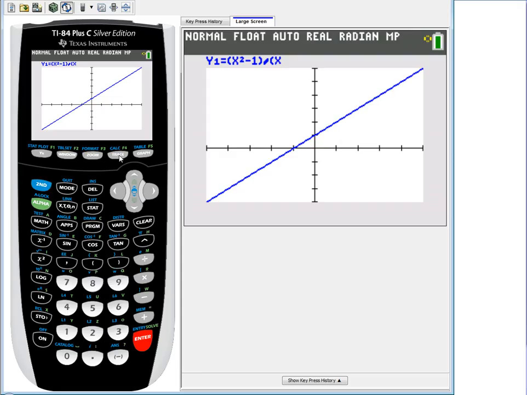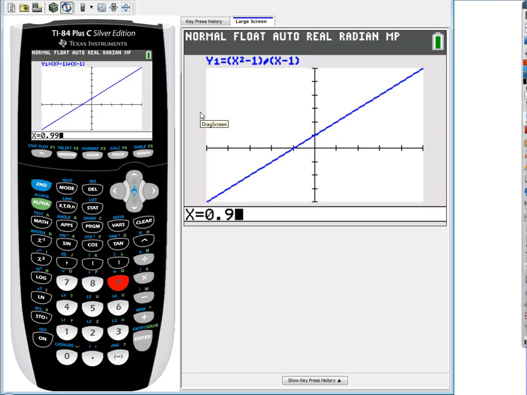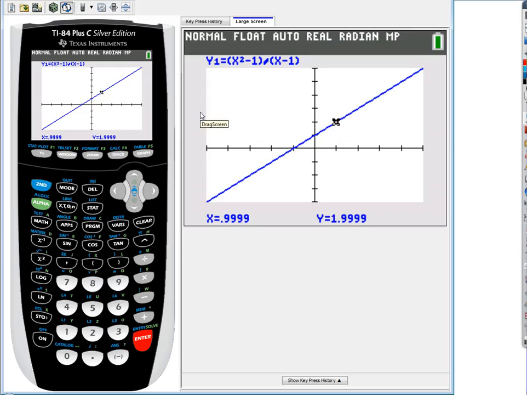So let's see what happens if we go trace 0.9. Well, it's getting us close, isn't it? If I go trace 0.9999, it's getting right up next to that hole, but look what happens if I actually test the value of the function at 1.